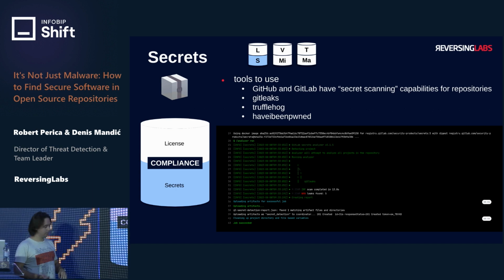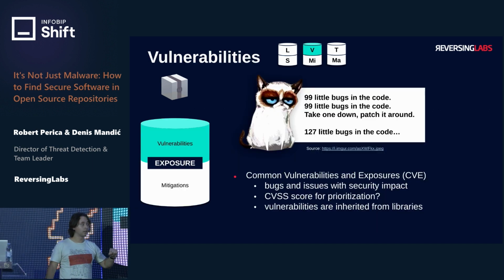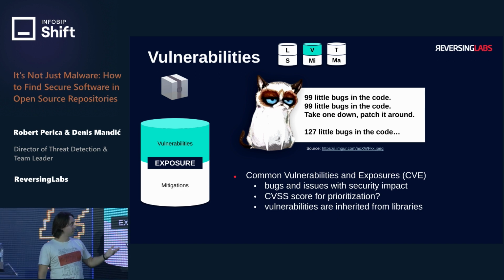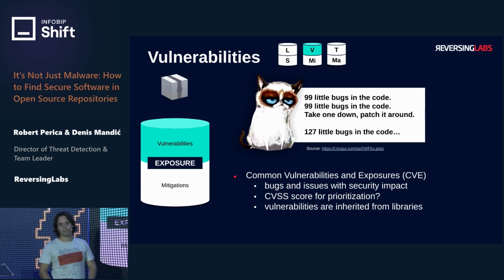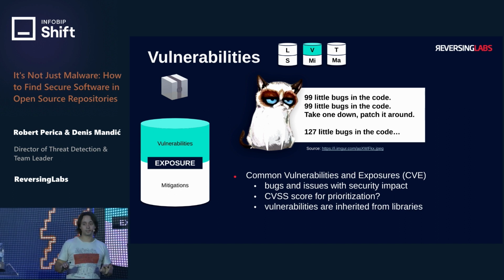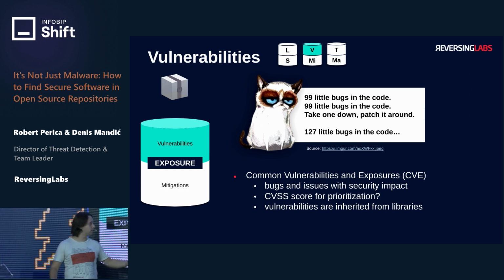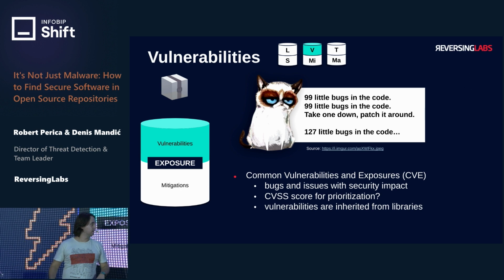We are moving to the exposure vertical, and first up are vulnerabilities. As Robert already said, vulnerabilities are basically bugs. Public bugs and severe bugs, but bugs nonetheless. When a bug becomes a vulnerability, it gets a CVE identifier.